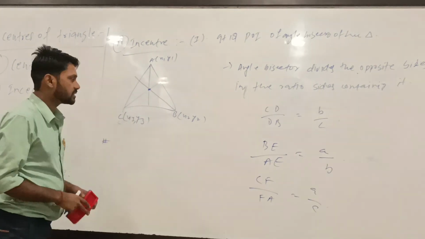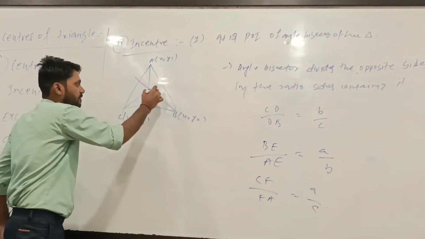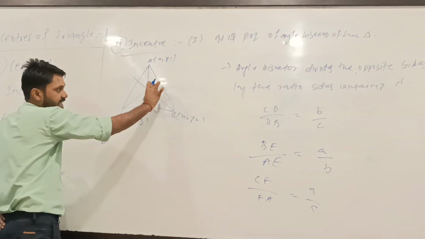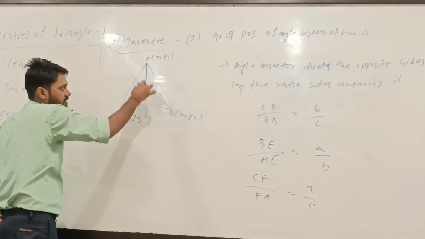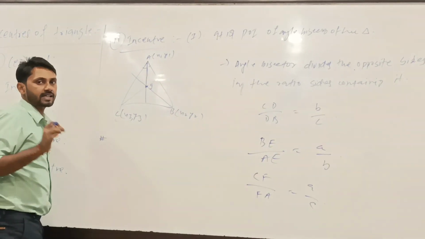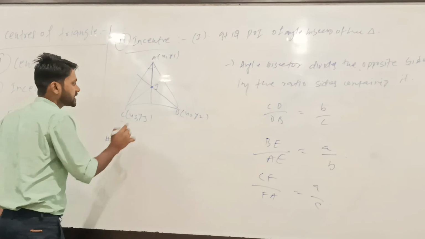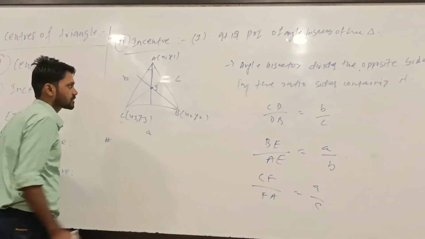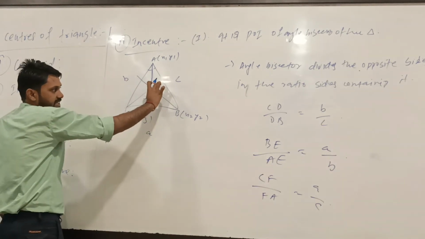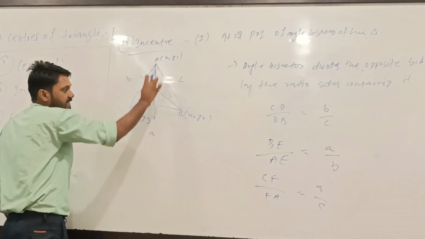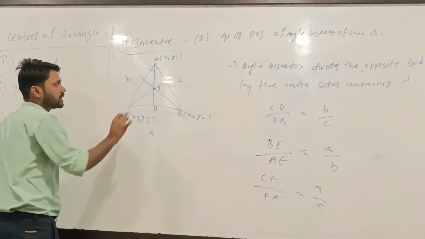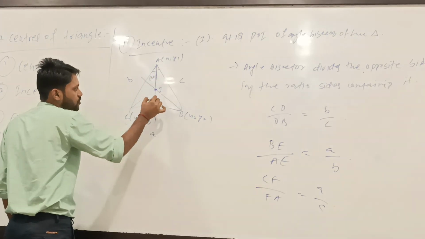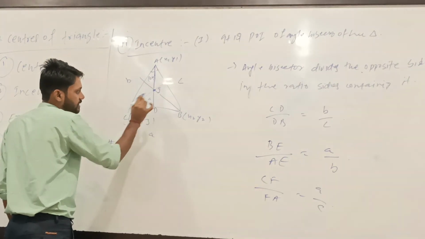Basic property 2, that is, this property is a property of the incenter. Remember, the incenter divides the angle bisector into a ratio. Here the length is a, this length is c, this length is b. This incenter will divide this angle bisector AD in the ratio: this is the b side, this is the c side, so b plus c is to a.